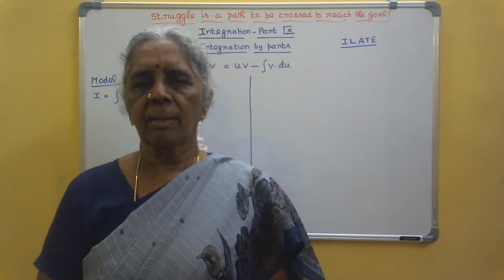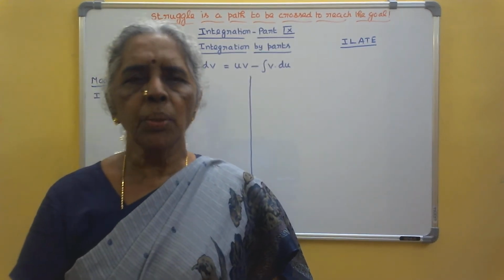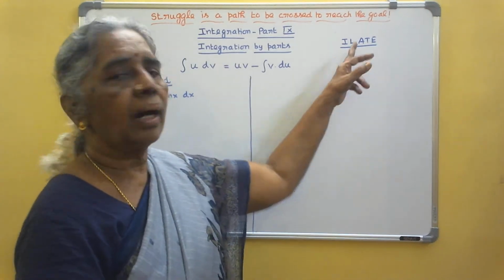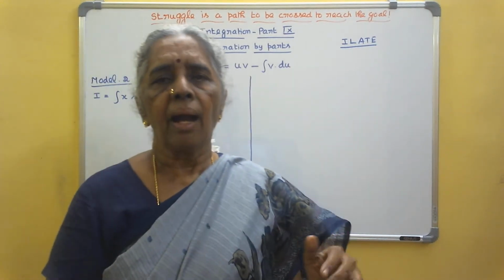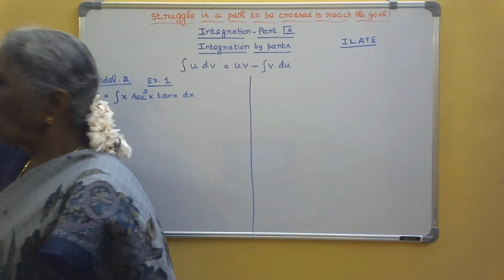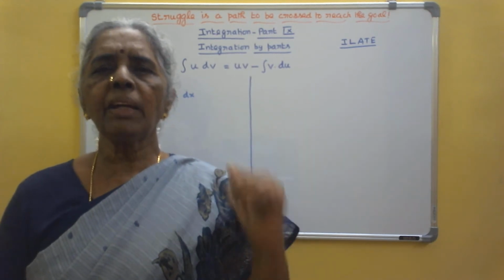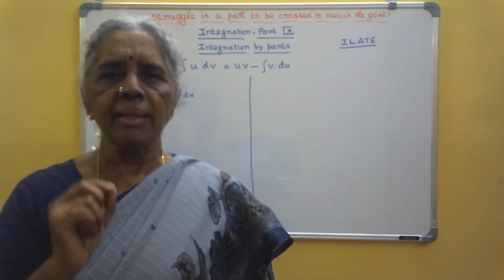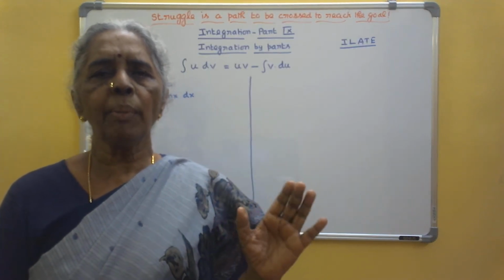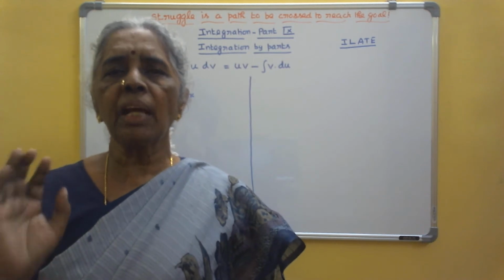For that, there is one simple rule which will help you to identify the u function. That rule is called ILATE. Okay, ILATE means I is inverse trigonometric functions, L means logarithmic function, A is algebraic function, T is trigonometric function and E is exponential function.